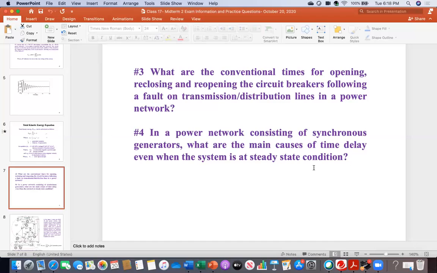So there are some devices connected in the system. There are some filters, even big size power filters along the line. So those will cause some delay. Those are the reason of the time delay, even when the system is at steady state condition.